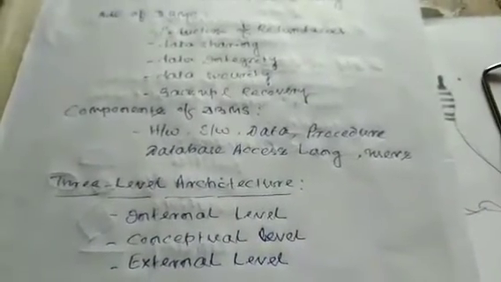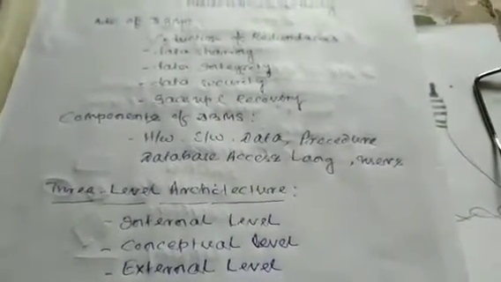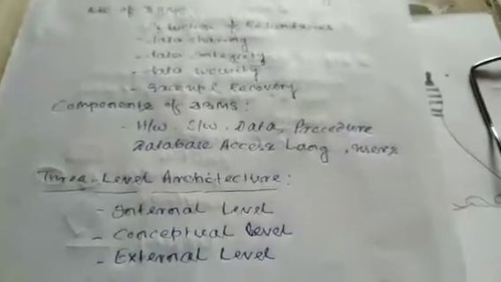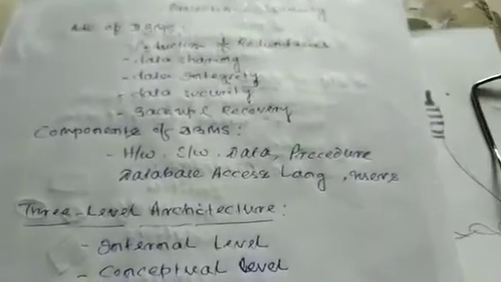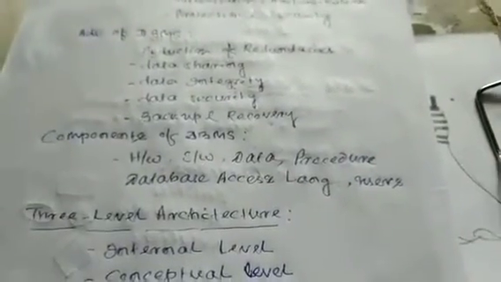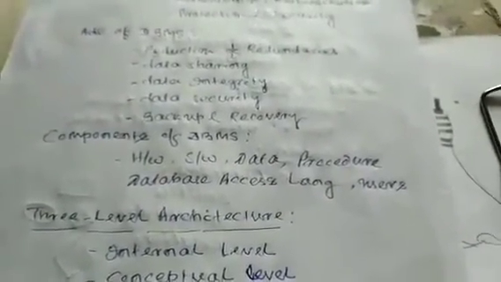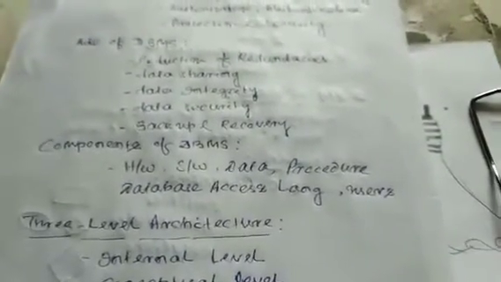This procedure is to set up or install the database management system, to log in and log out of DBMS, and software to manage the database, to take backup and generate reports. So the components are hardware, software, data, procedure, and database access language.